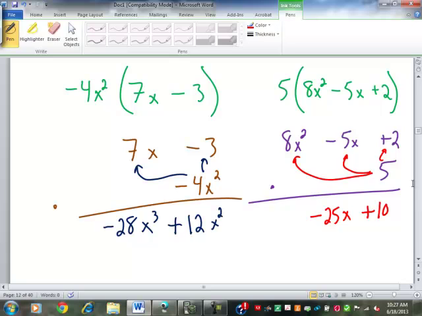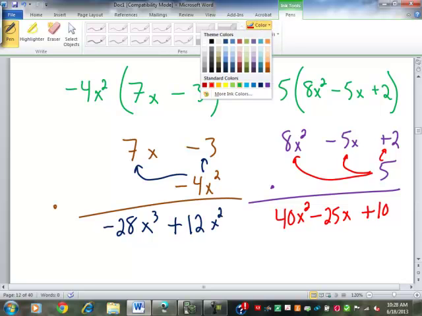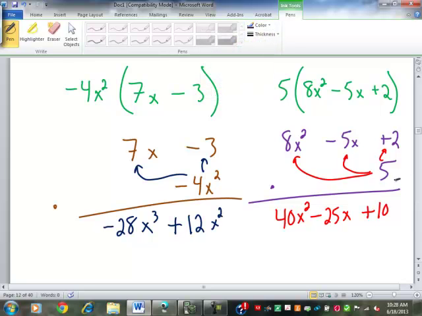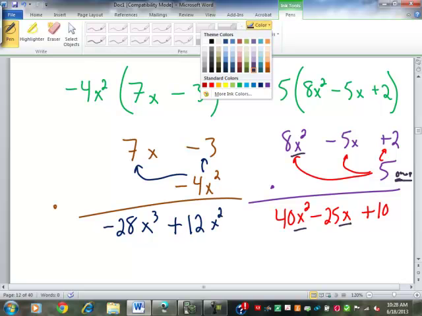And 5 times 8x squared. Perfect. 8 times 5 is positive 40, and it's just x squared. Now you might be thinking, what name is this here? Remember, that's the ones. So ones times anything just stays the same. So this stays x, this stays x squared when we multiply the names.